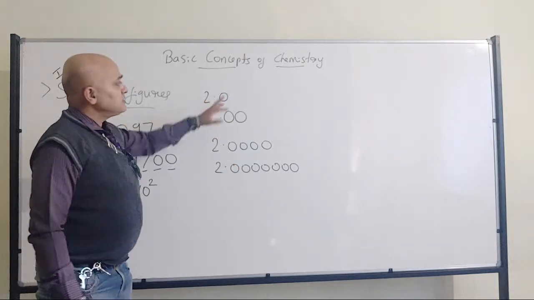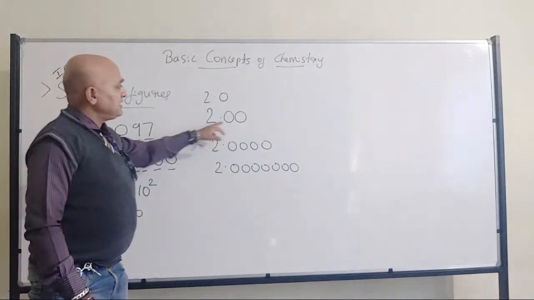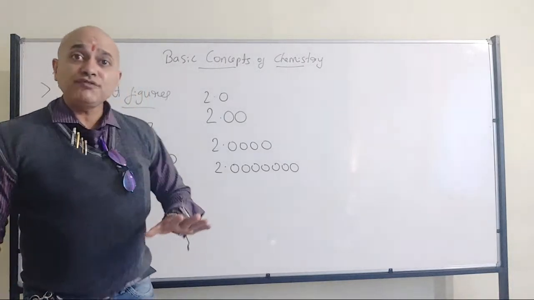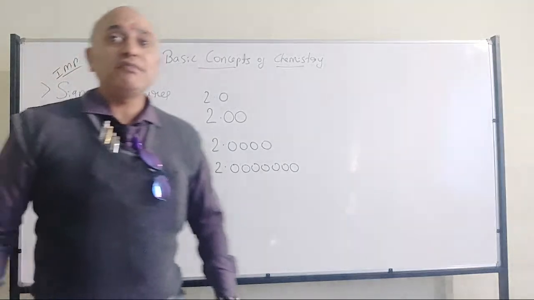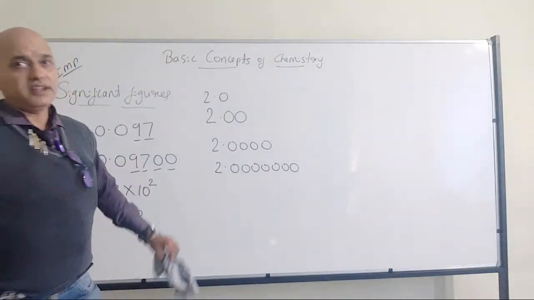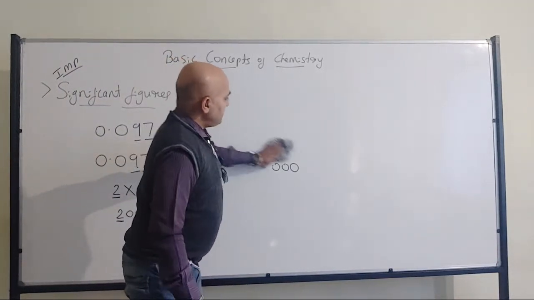Here it is how many significant figures? 2. Here it is 3. Here it is 5. So like that we can specify when a value is given. But when a statement is given, we can tell that it will be having infinite significant figures. Fine. So that's what we have discussed in the previous class.